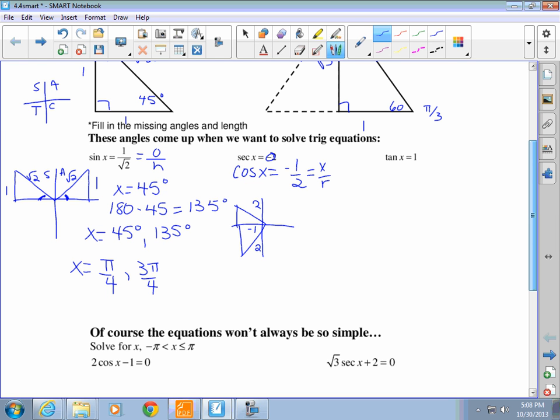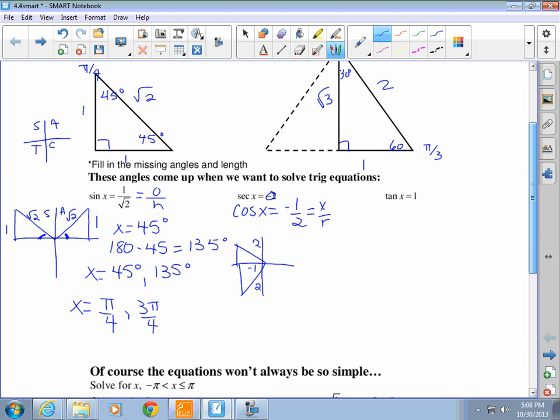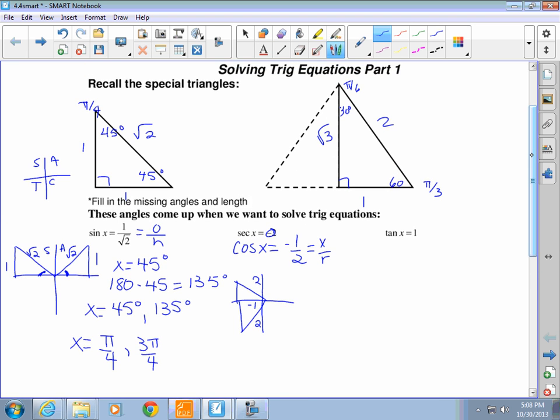So when you take a look at that, these are the adjacent and the hypotenuse for the triangle. The adjacent side having a value of -1 would be here, the hypotenuse having a value of 2. Here's the -1, here would be the 2. So I know I'm working with 60 degrees, or pi over 3.